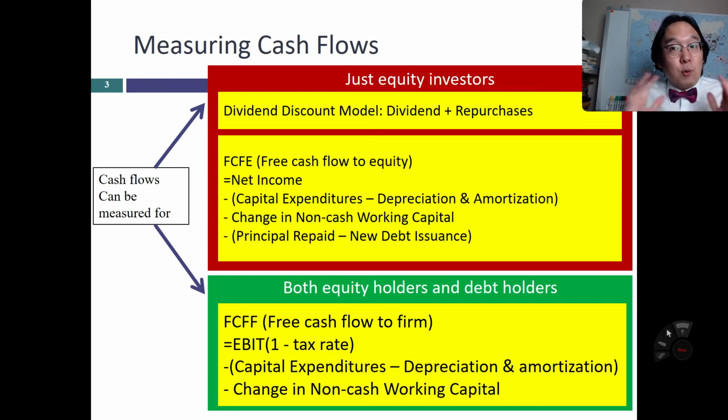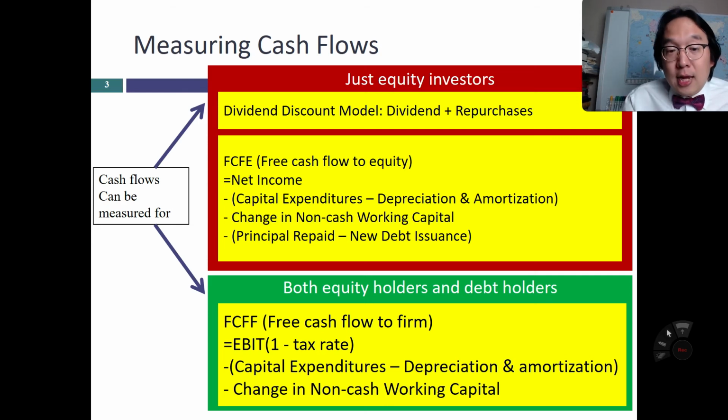We'll talk about the detail of these items later on. And then once you subtract out those investment amounts, you have to account for the cash flow to the debt holders, for example, principal repayment and new debt issuance. New debt issuance is cash available to shareholders. That's why.